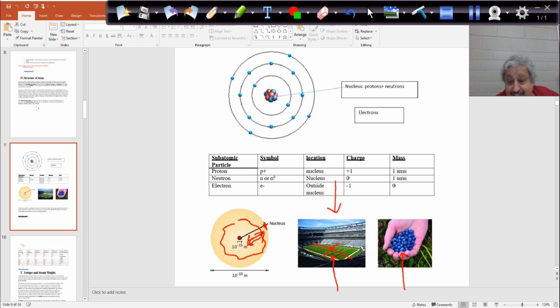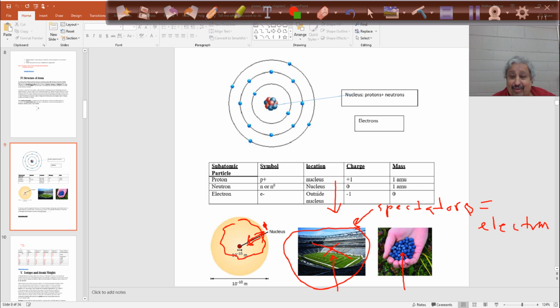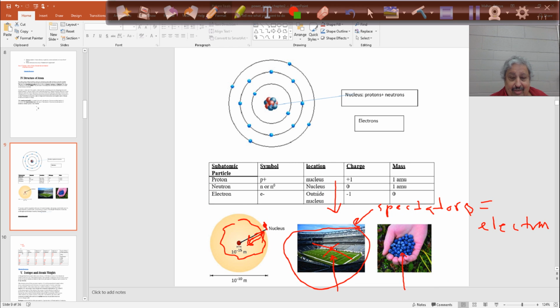And the spectators around, watching, he called them electrons. That's a very nice way of bringing a picture of the atom.